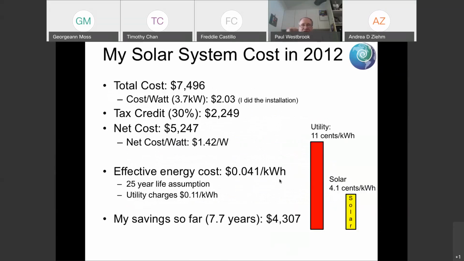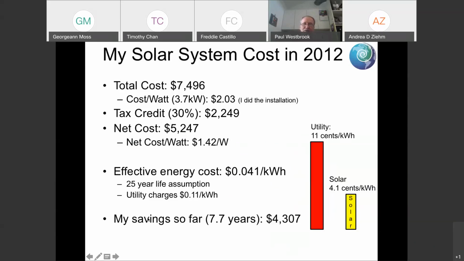So here's my actual numbers. I spent about $7,500, which was $2.03 per watt, because I did most of the installation myself. The tax credit, I got a $2,250 tax credit. So my net was about $5,250. So $1.42 a watt. That made my effective 25-year energy cost 4.1 cents per kilowatt hour, whereas my utility is charging around 11.